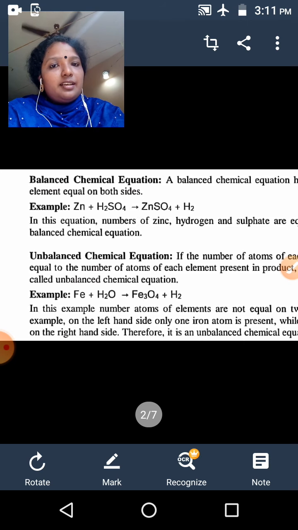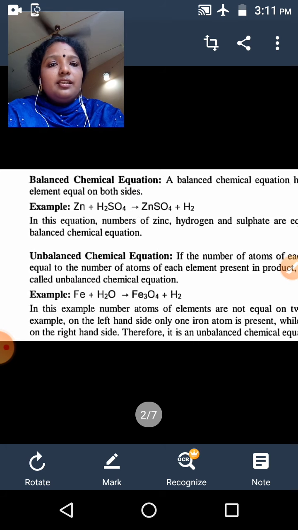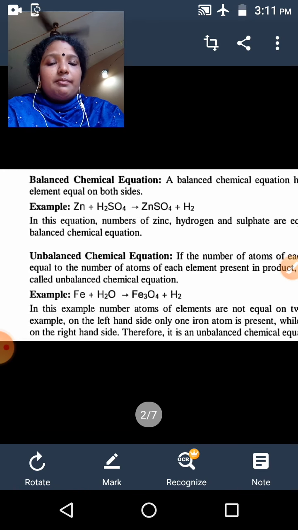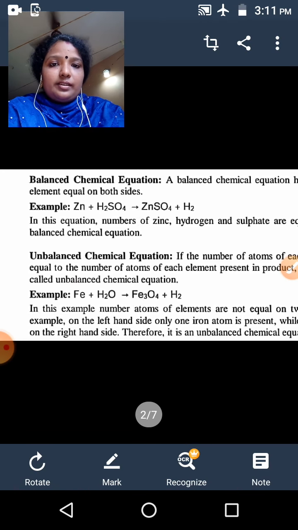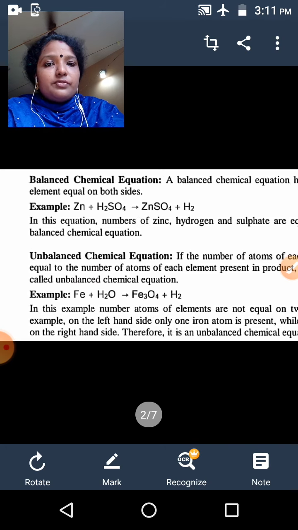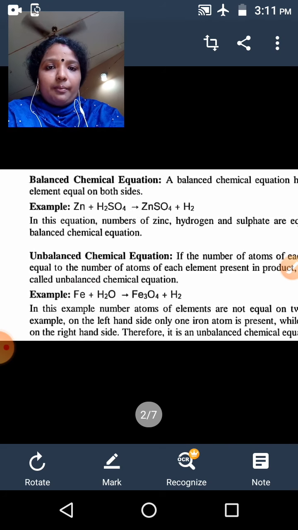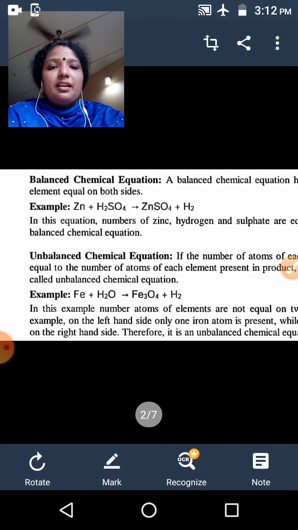In the product side? 4. This means that in this equation, the zinc, hydrogen, sulfur and oxygen atoms are the same in number on the reactant and product sides. This type of equation is known as a balanced chemical equation.